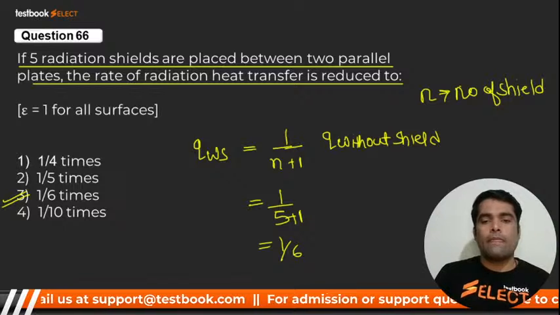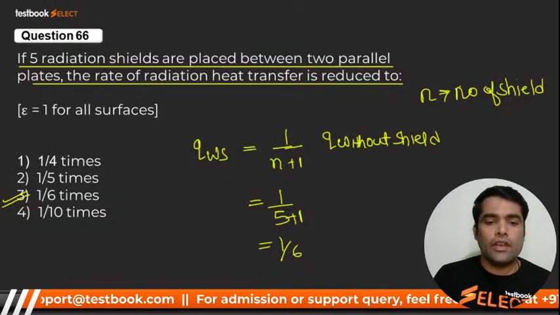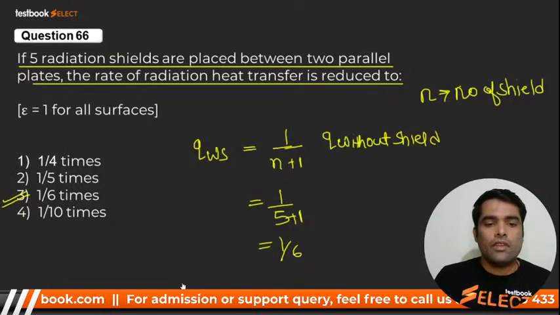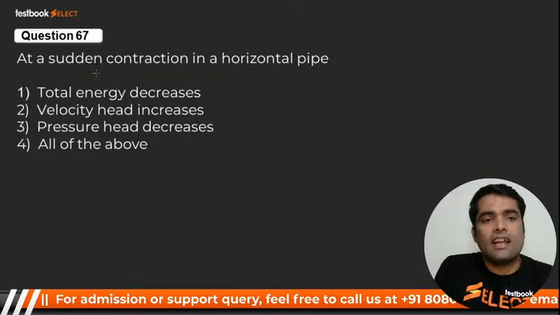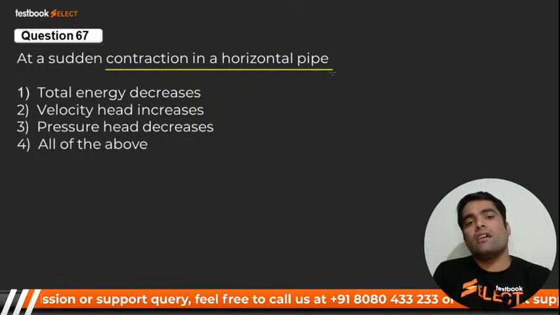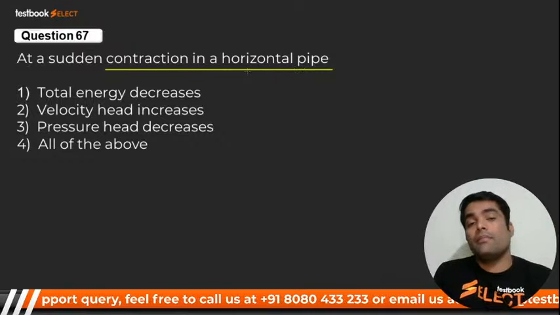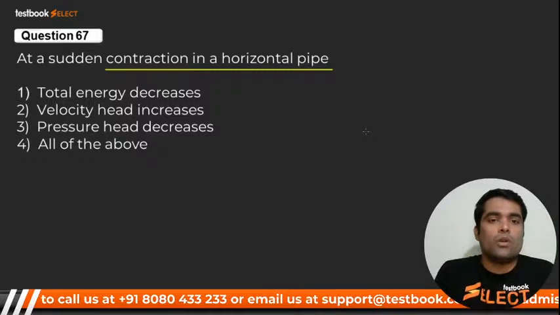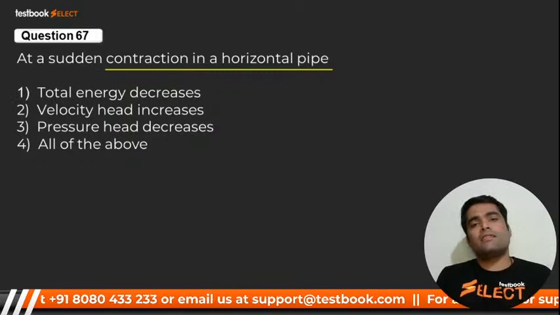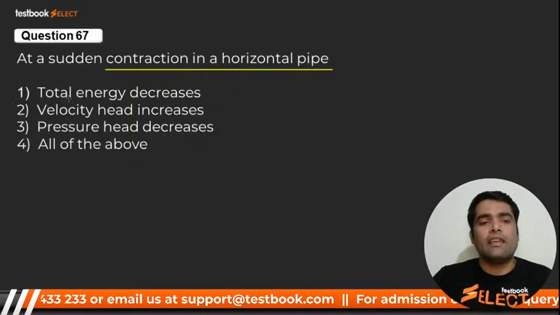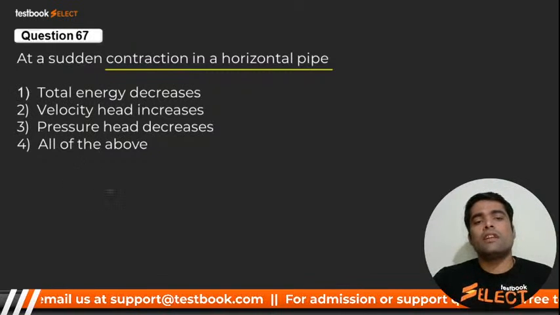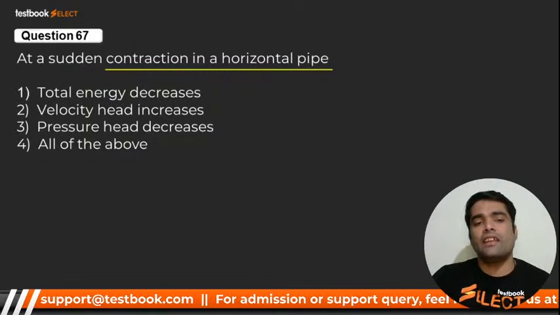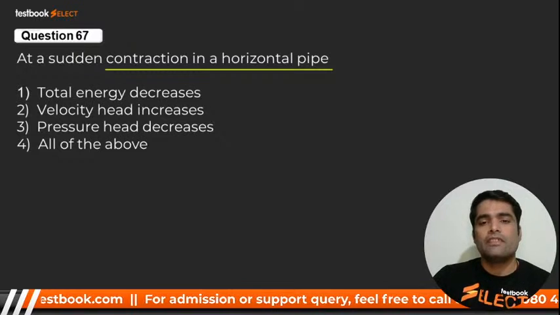Very good. Here we go. At sudden contraction in a horizontal pipe, total energy decreases. Velocity head increases, pressure head decreases.